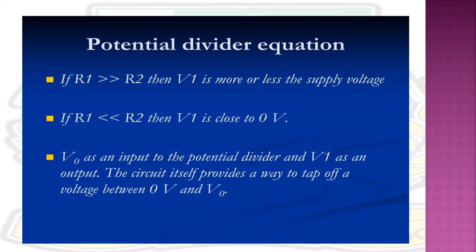So with V0 as the input to the potential divider and V1 as the output, the circuit itself provides a way to tap off a voltage between zero volts and V0.